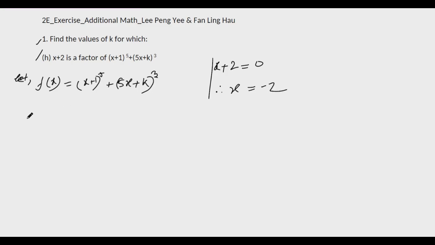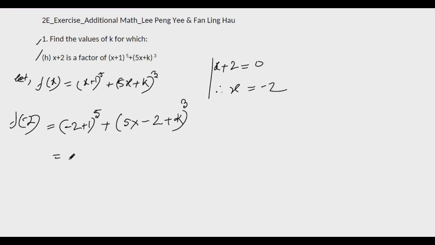Now we should put the value of x here, then we will get f of minus 2 is equal to (minus 2 plus 1) to the power 5 plus (5 into minus 2 plus k) to the power 3. So here we will get minus 1 to the power 5 plus (minus 10 plus k) to the power 3.